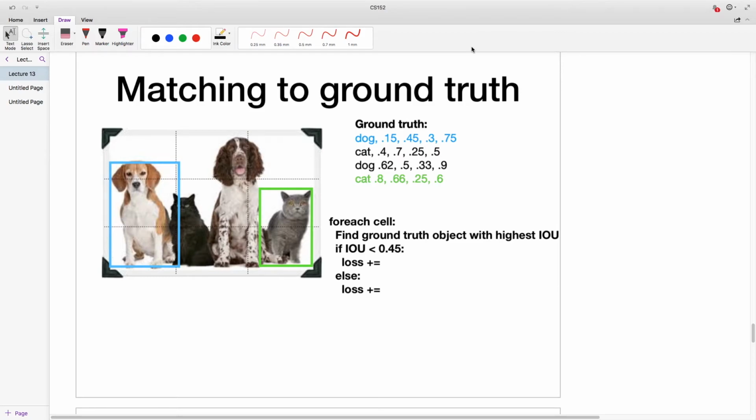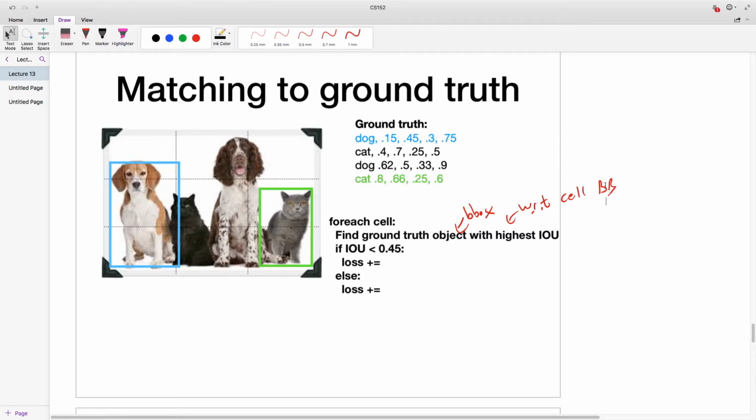I'm saying ground truth bounding box, right? So this is the ground truth object bounding box with respect to cell bounding box, where cell bounding box is a constant. I mean, we know what it is for any given cell. If the IOU is less than 0.45, we need to figure out the loss.